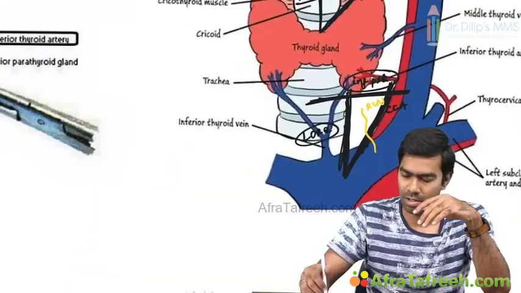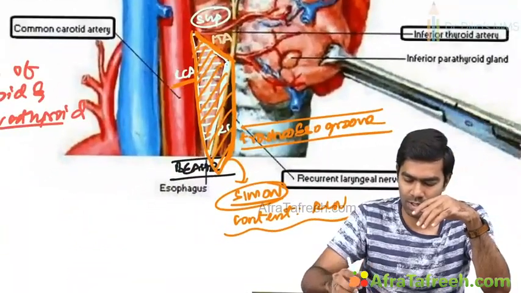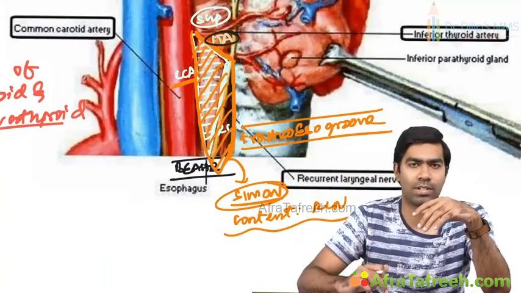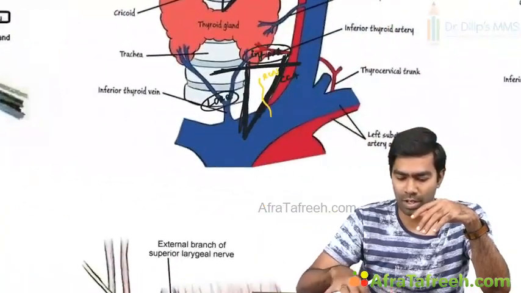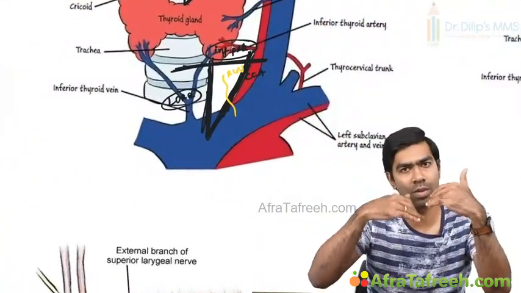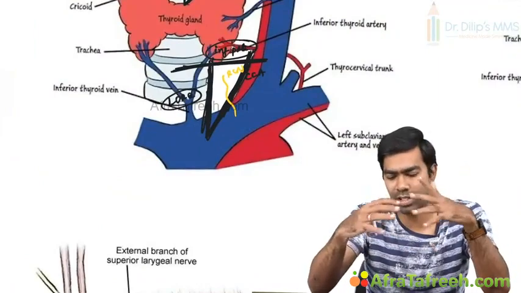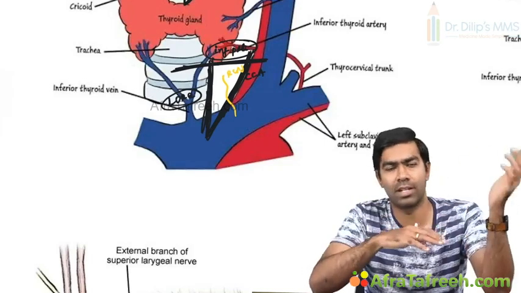In the Lowe's, you are using the inferior pole of the thyroid as the superior border, whereas in Beahrs and Simon triangle, you have used the inferior thyroid artery as the superior end of the triangle. So you have ideally used the inferior thyroid artery as a very important landmark on the superior side. Whereas in Lowe's triangle, you have used the inferior pole of the thyroid gland itself as an anatomical landmark for the superior part. So this is the difference between Lowe's triangle and the Beahrs and Simon triangle.